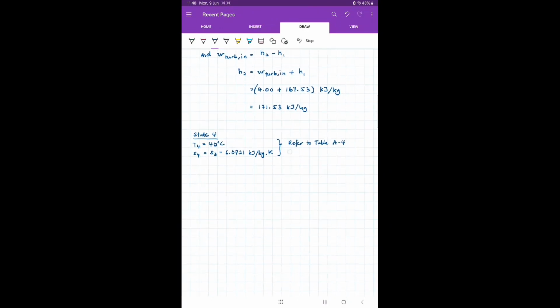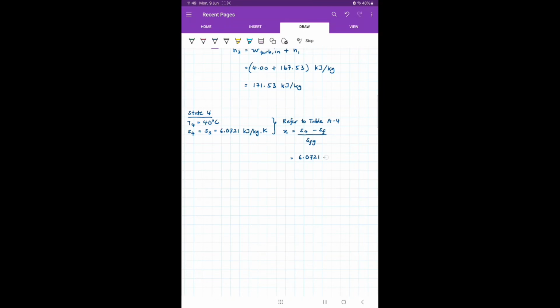The quality of the steam is given by the actual entropy minus the entropy of the saturated liquid, divided by the difference of the entropy of the saturated vapor and the saturated liquid. So here this is 6.0721 minus, from table A4, the value of SF, over SFG.